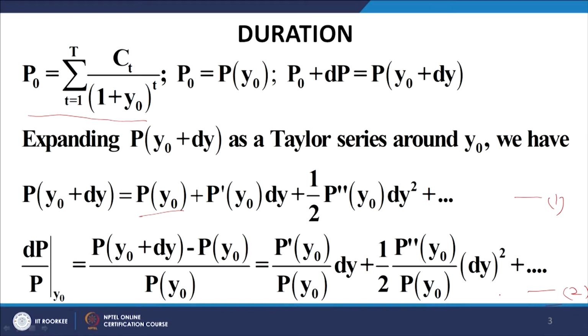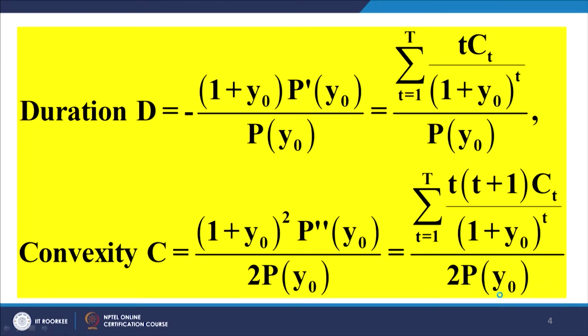So, let me repeat, we expand P Y0 plus dy, or P0 plus dp, as a Taylor series and retain only terms up to second order in the derivatives, and then we transpose, take P Y0 to the left hand side and divide throughout by P Y0. So, P Y0 plus dy minus P Y0 divided by P Y0, which is nothing but dp upon P at the point Y0, is given by the expression on the right hand side of your slide, which I call equation 2.